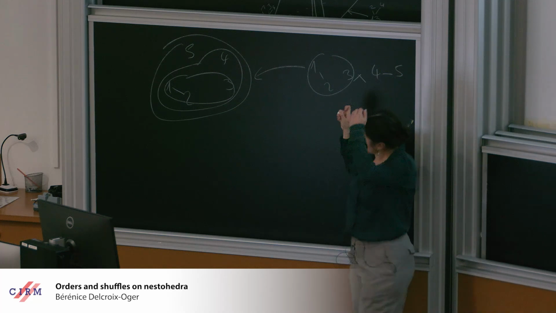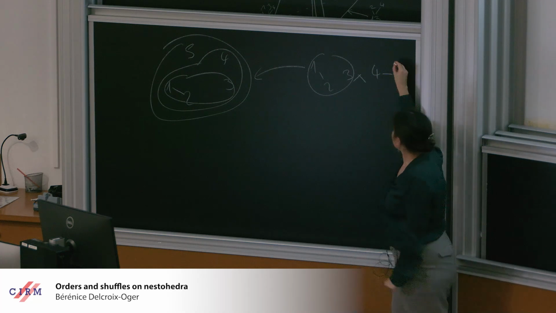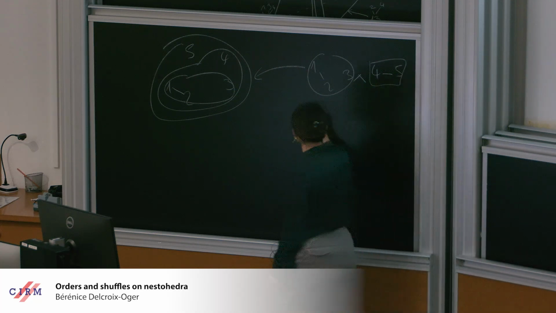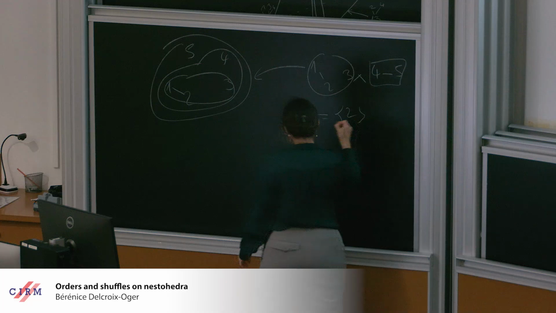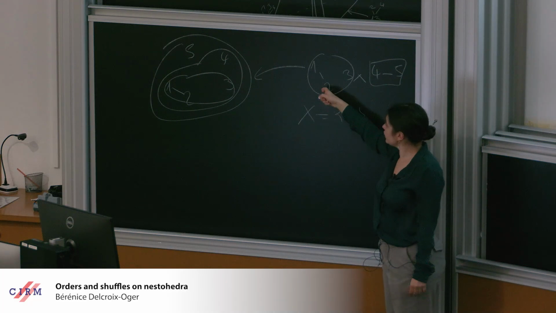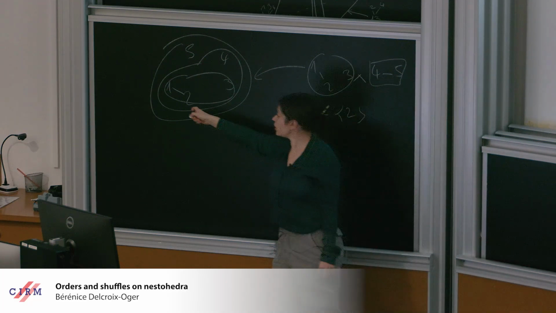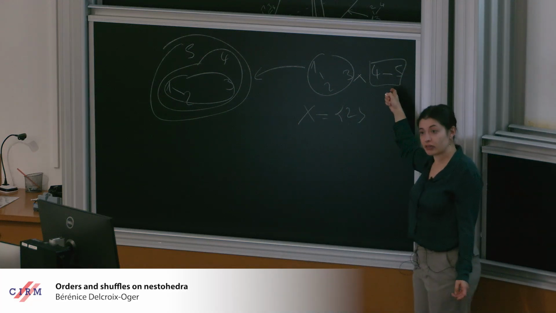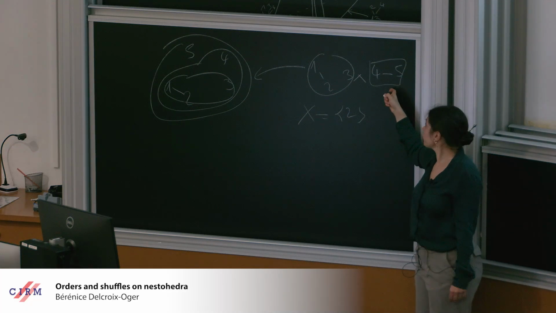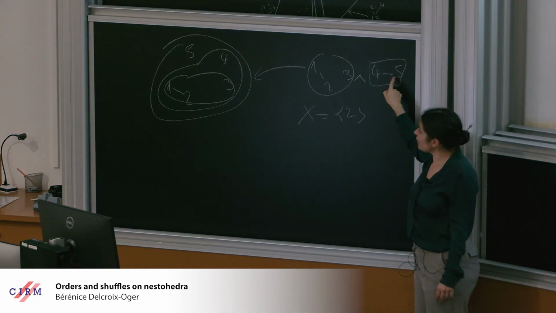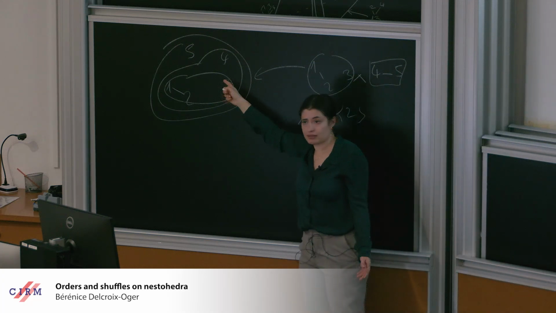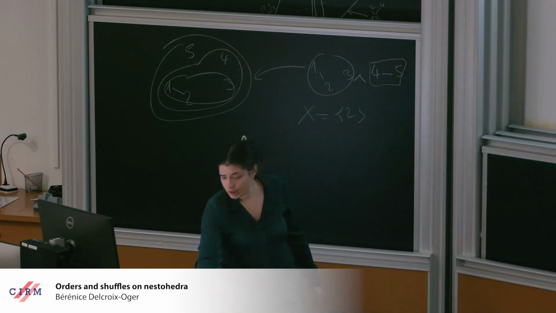Okay, so if you look at what happens for hypercubes, here this is connected. Imagine that x, for instance, is 2. If you remove 2 here, it's totally disconnected. If you remove 2 here, it's totally disconnected. But here, as there is no 2, it's still connected. So to deal with this case, we allow this second case, that here, either this graph 4, 5 is connected here or totally disconnected. This is what happens for hypercubes.